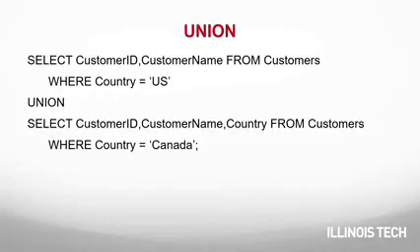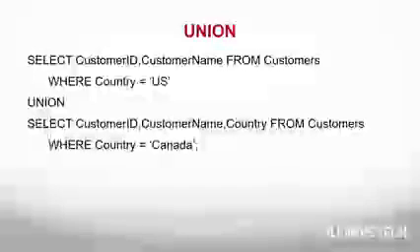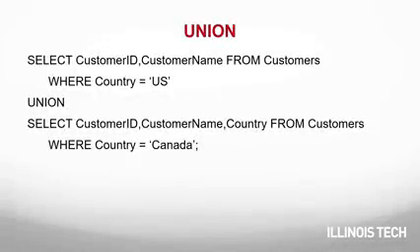Now suppose we wrote the following query. Select customer ID, customer name from customers where the country is US. But in the case of the Canadian customers, we select customer ID, customer name, and country. So the first select has a schema that only has two attributes, customer ID and customer name. The second select is going to return a table with a schema that has three attributes, customer ID, customer name, and country. What happens if we do this union?